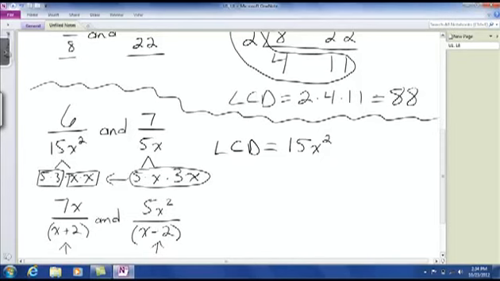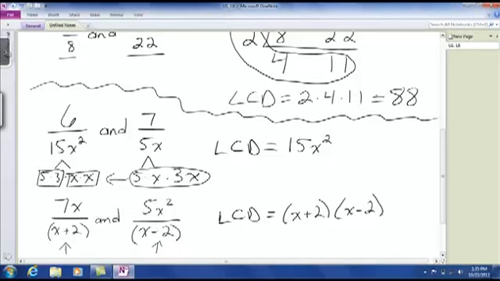So the point is these could be very different based on what x is. We don't know yet. But what we know is x plus 2 and x minus 2 are two different factors. They don't share anything in common. So our LCD has to have both factors in it. Our least common denominator is going to be x plus 2 times x minus 2.